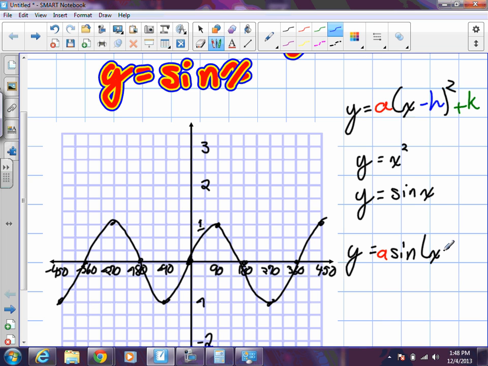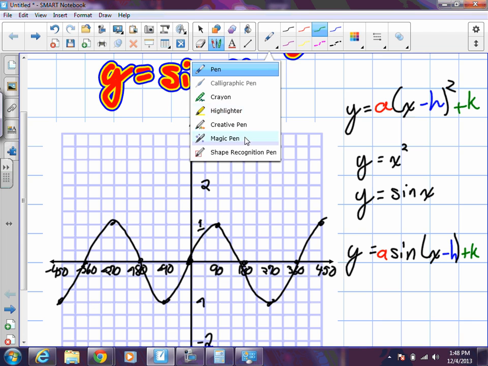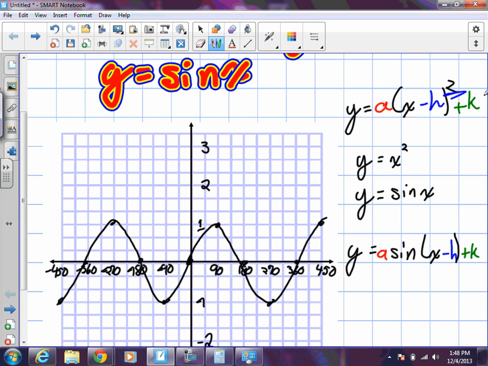What goes in the bracket? Minus h squared is a quadratic, and then plus k. So the difference between the two is that a quadratic, if you guys remember, is always when the variable is squared. A sine wave or a sinusoidal function is when we have the function sine. So all of these things do the exact same stuff as our quadratic.